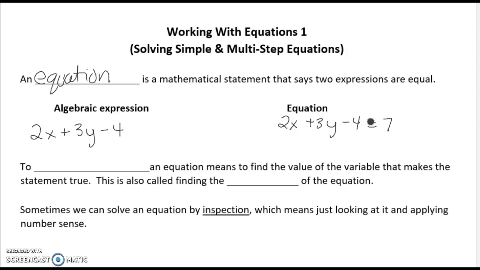Okay, so to solve an equation means to find the value of the variable that makes the statement true. This is also called finding the root of the equation. Sometimes we can solve an equation by inspection, which means just looking at it and applying number sets.